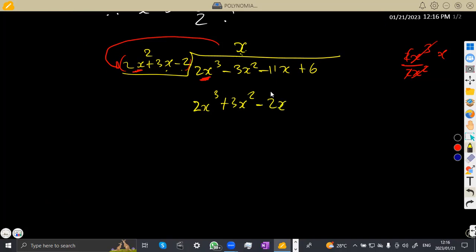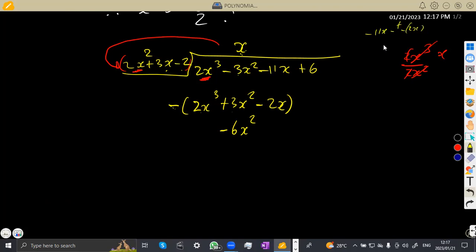Okay, from this part, we are going to subtract. Remember, after multiplying back, you subtract. So 2x cubed minus 2x cubed, that's a 0. Minus 3 minus 3, that's minus 6x squared. We move on to minus 11x minus minus 2x, which is going to be a plus.